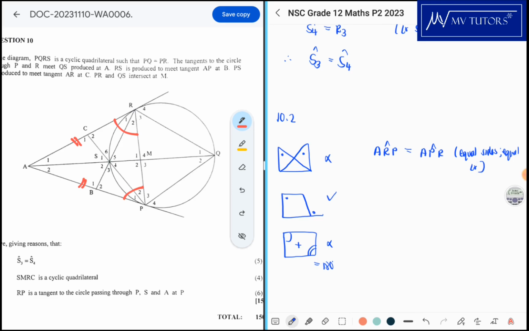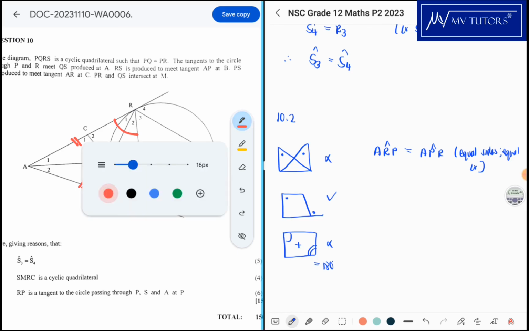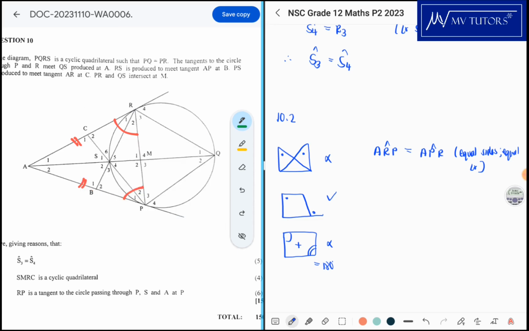All right. And then, if I then again look at, okay, how can we do this? Which external side? Let me just draw this in again. Let me use a different colored pen and make it a bit lighter. Okay. So this is my cyclic quad that I want to prove.